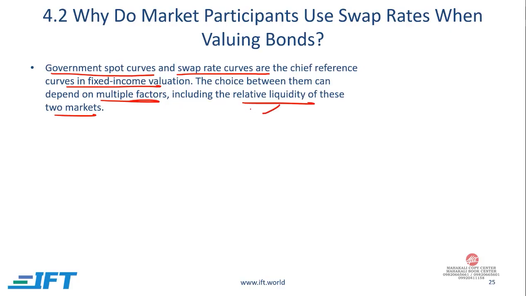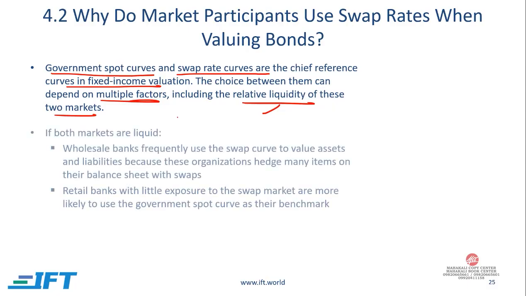The question now is when to use spot rates, government spot rates, and when to use swap rates. Let's assume that both markets are liquid. In this case, wholesale banks frequently use the swap curve to value assets and liabilities because these organizations hedge many items on their balance sheet with swaps.